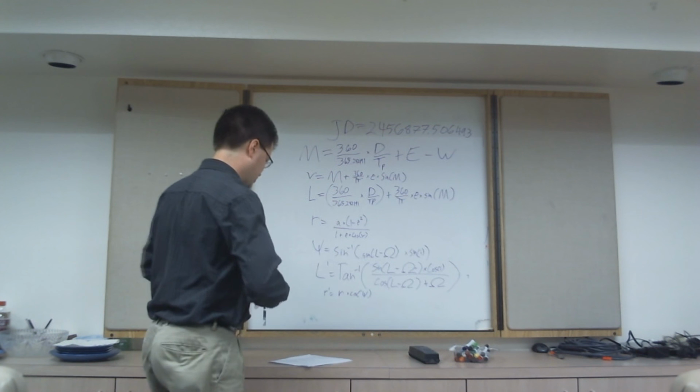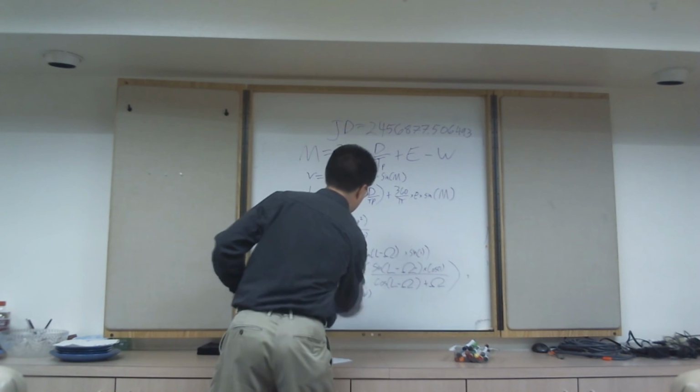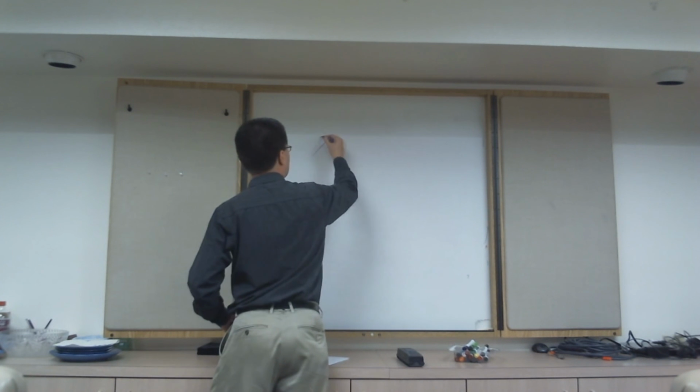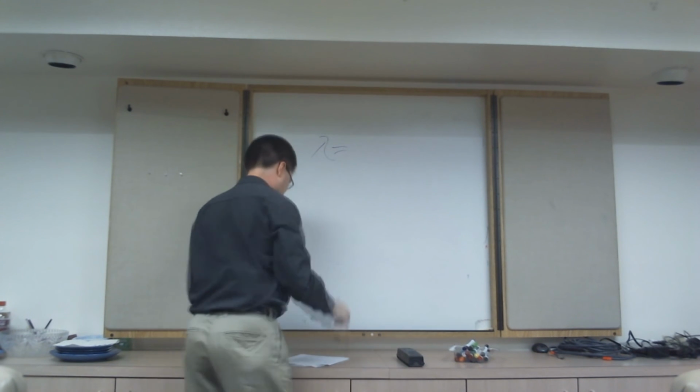And the ecliptical longitude, I'm going to erase all this to make room, is given by the formula. We're going to abbreviate it as lambda.